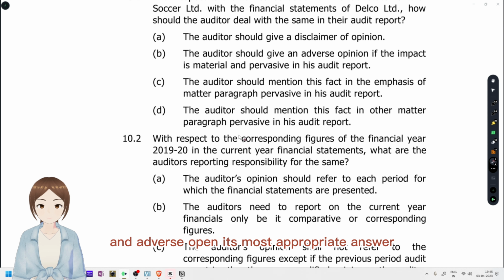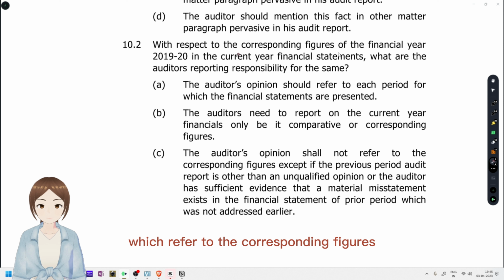With respect to the corresponding figures of the financial statements in the current year financial statement, what is the auditor's reporting responsibility for the same? What's the difference between corresponding and comparative financial statements? This was also mentioned in our keyword cut series, so do check that out, it was more detailed there.